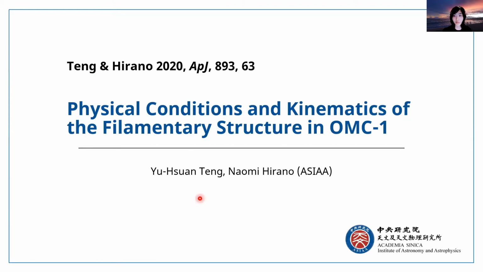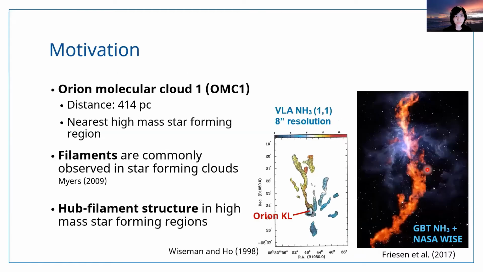So let me start with introducing my 2020 paper with Naomi on physical conditions and kinematics of the filamentary structure in OMC1. Our motivation is to study the Orion Molecular Cloud 1, which is the most active star-forming region near our solar system. We know that filamentary structure can be commonly seen in star-forming clouds, and it can appear in different size scales.